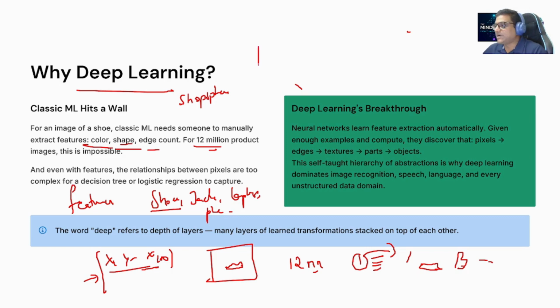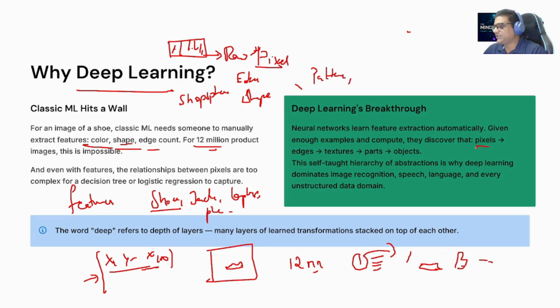Okay, so it starts with the raw pixels. Suppose I'm talking about images only right now, so we're not discussing text. If there is an image, it starts with the raw pixels. Then it learns the edges of those images. Then the shape, then the patterns, then the objects.